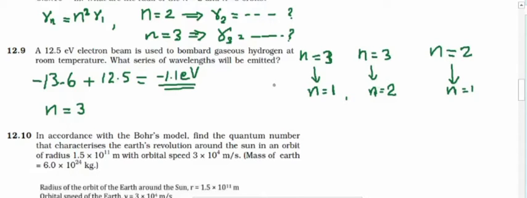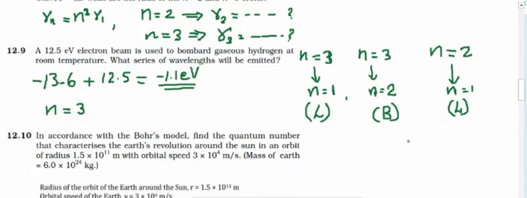So, three types of radiations you will get from the hydrogen atom. One is for the de-excitation from 3 to 1, next for the de-excitation from 3 to 2, and then the last one is for the de-excitation from second to first level. So accordingly, you will get a spectral line of Lyman series, here again a spectral line of Lyman series, and here a spectral line of Balmer series.